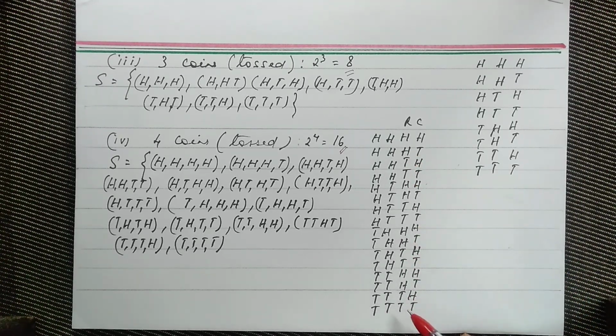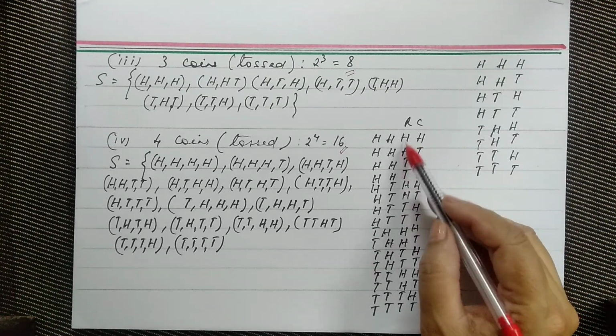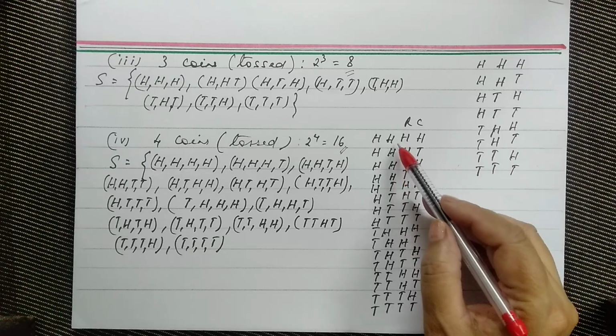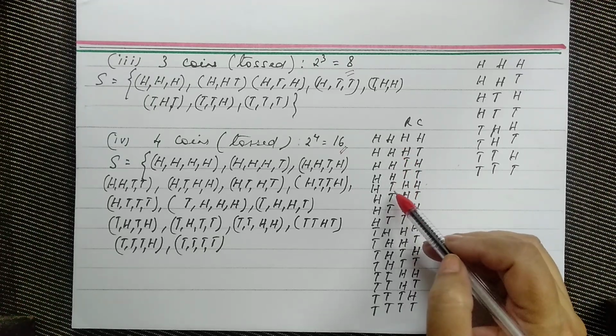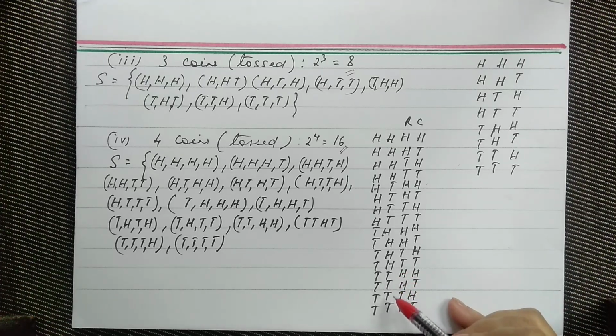What about the third column? We double this. We double 1 to 2, now 2 will double into 4. So H, H, H, H, T, T, T, T, H, H, H, H, T, T, T, T. Simple.